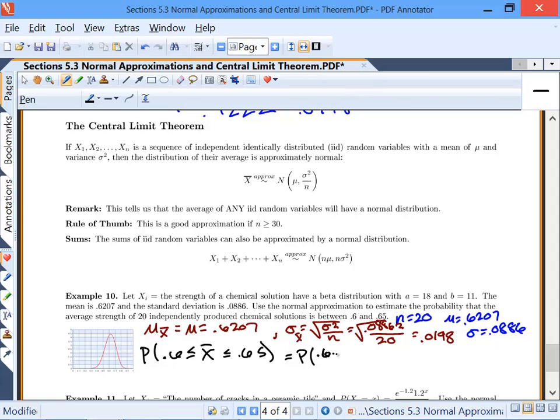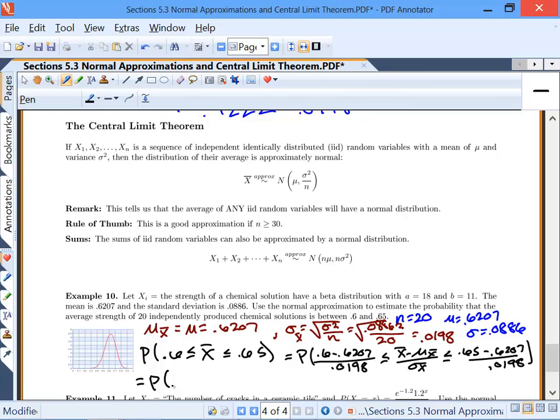So 0.6 minus the mean for x bar divided by the standard deviation for x bar. Okay, you will notice as I go through that I try to be careful as I'm standardizing this that I minus the mean of x bar and divide by the standard deviation of x bar. Okay. And then 0.65 minus the mean divided by the standard deviation.